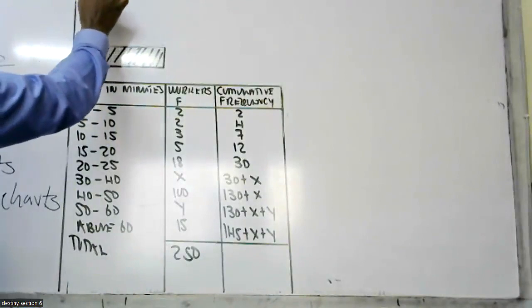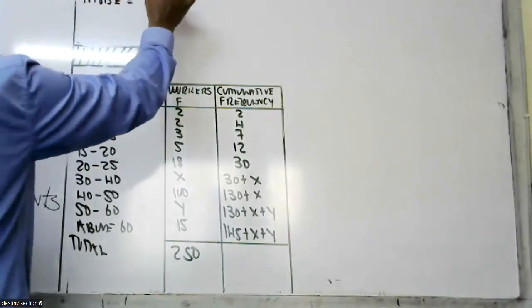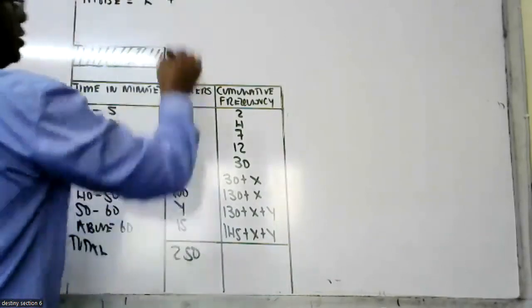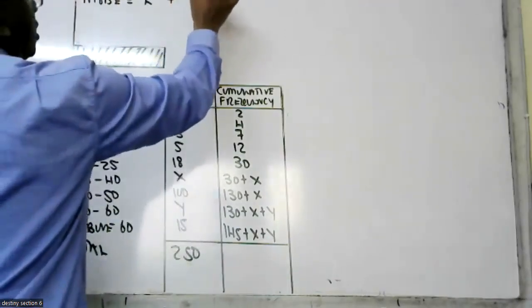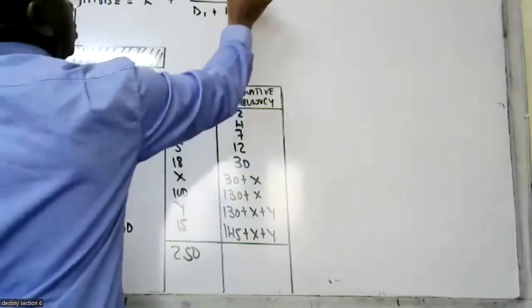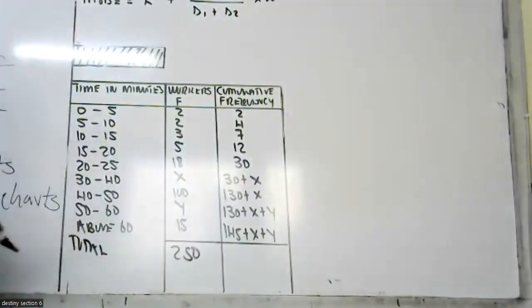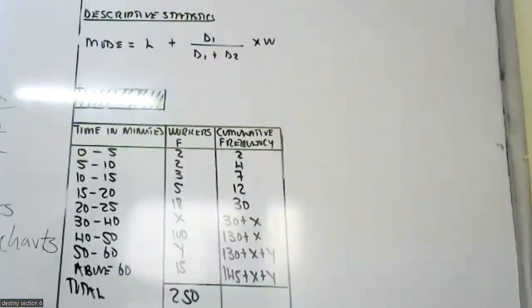Mode equals L plus D1 out of D1 plus D2, multiplied by W. That is the formula of the mode.